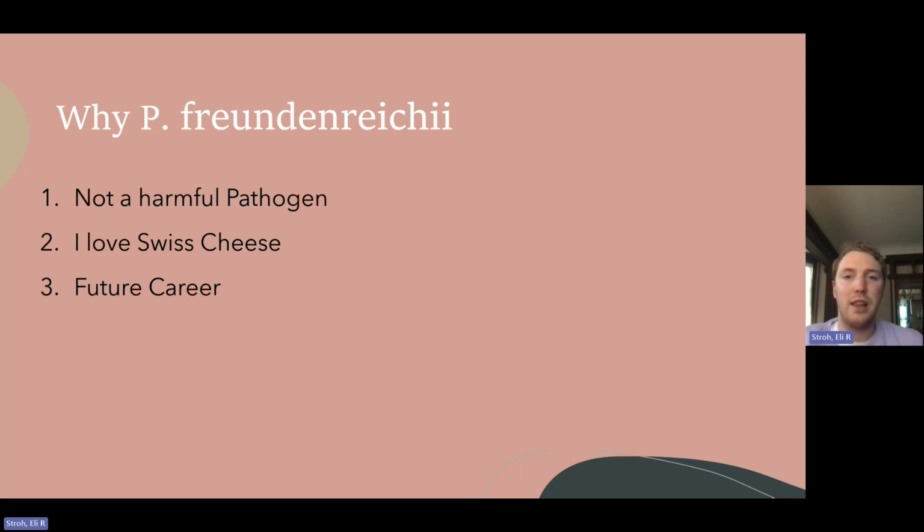I like different forms of it, whether it's baby Swiss or smoked Swiss. And so being able to learn more throughout this project really was a lot of fun. And then lastly, I am looking to become a registered dietitian. And so being able to have a microorganism that ties the microbiology side into nutrition was a lot of fun. And I'm really glad that everything kind of came together for that.